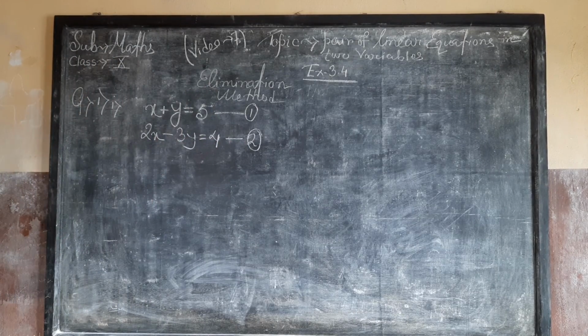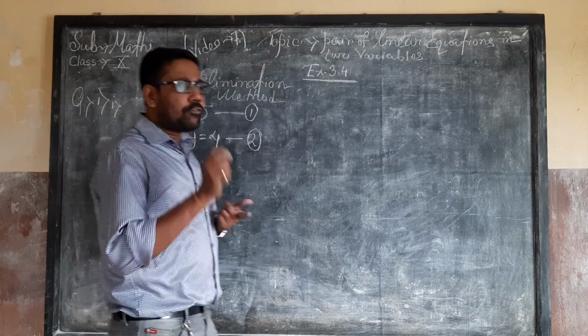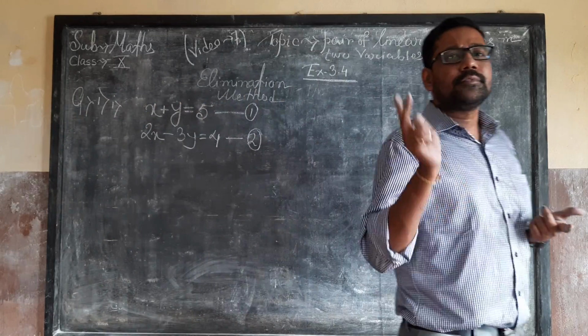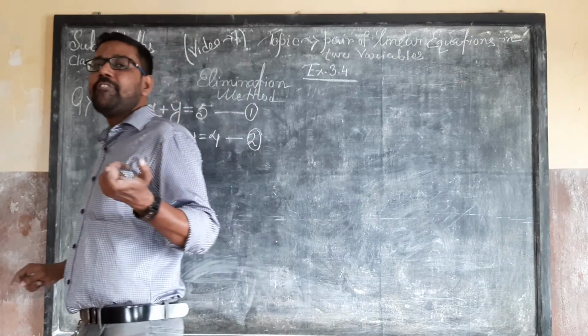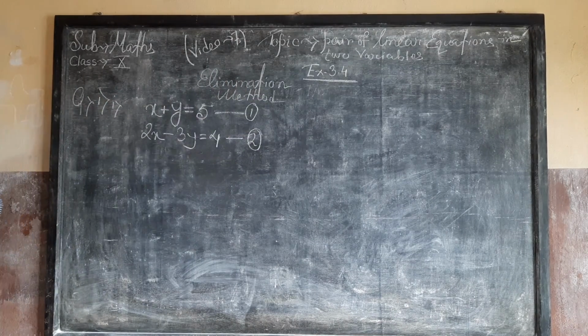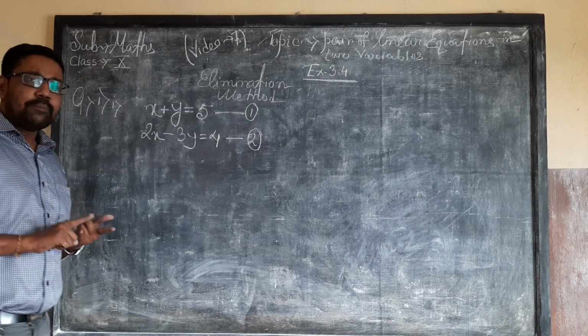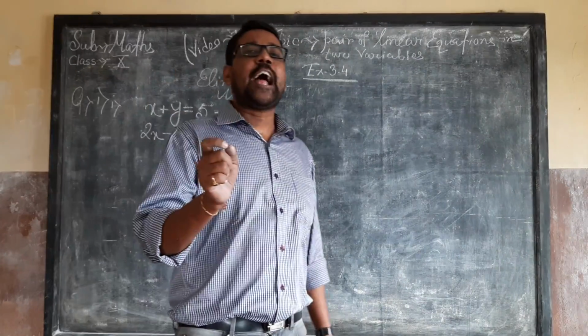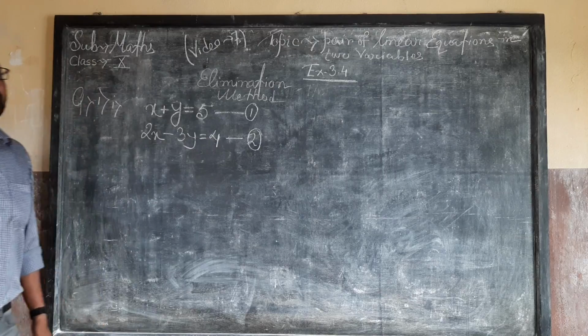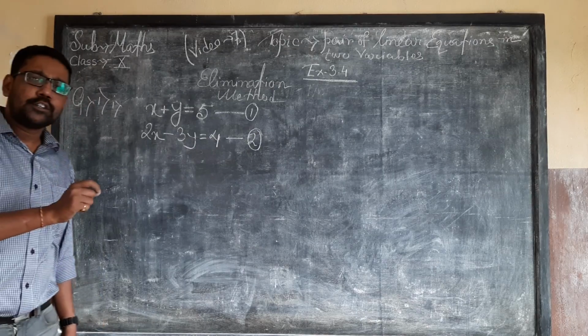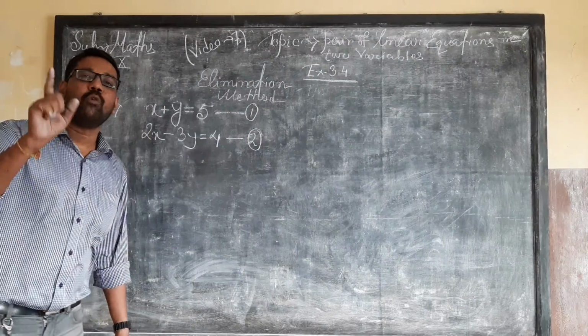So the next step, for equating the coefficient of any variable between x and y, is to multiply a non-zero constant with the first equation or second equation or both.